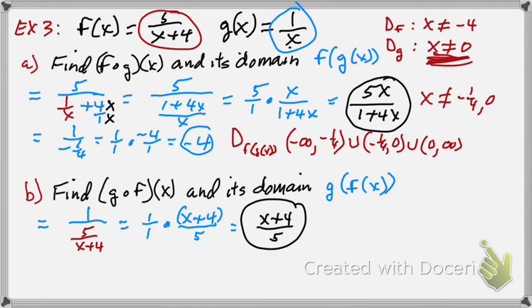So my domain for the whole thing here, short way, is negative infinity to negative 4, union negative 4, infinity, or short way, I could just say x not equal to negative 4.